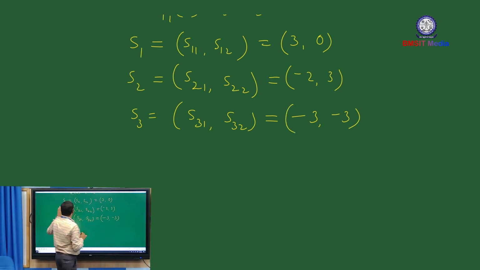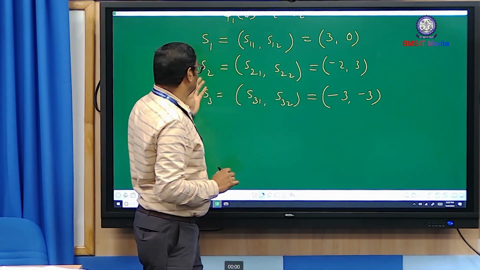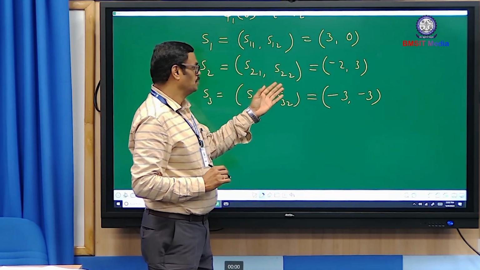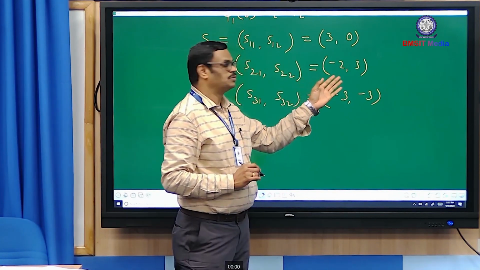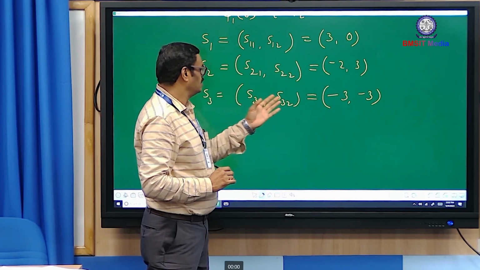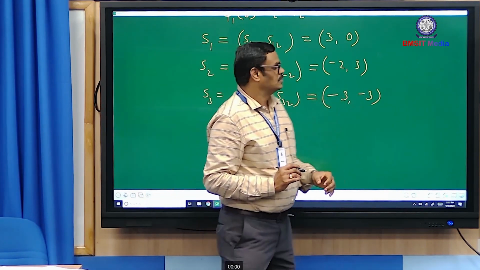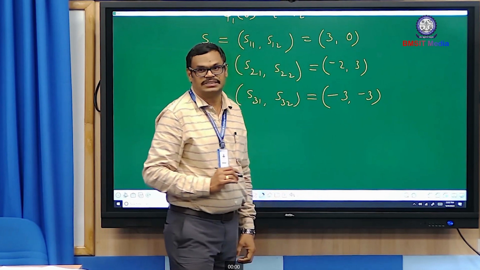So these are the three message points S1, S2 and S3, and their coordinates have been given.